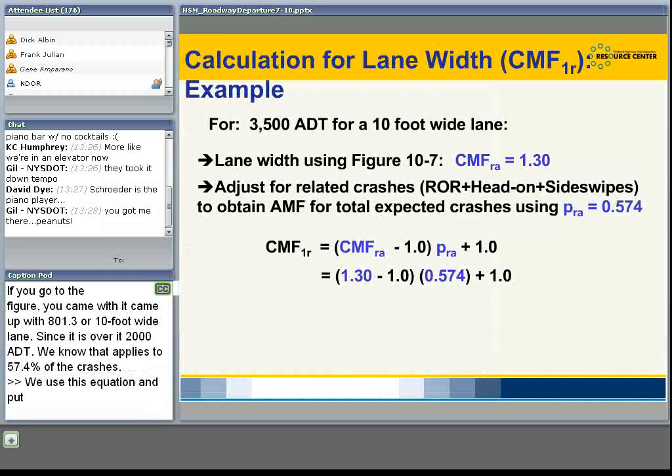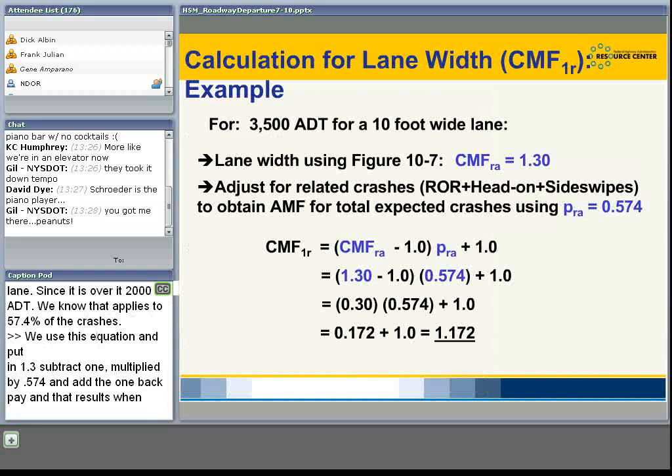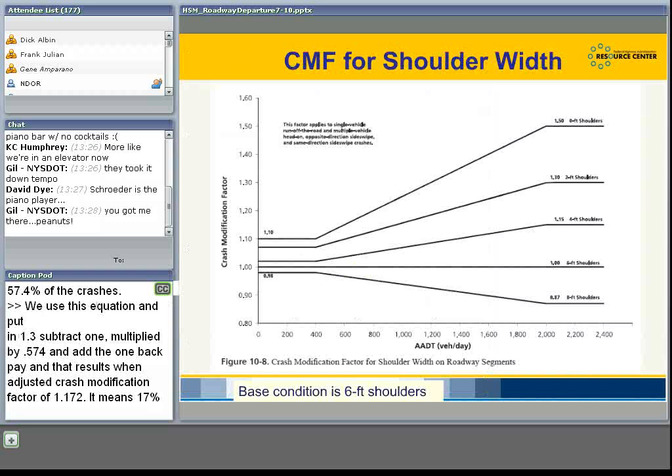So we use this equation. We put in 1.3, subtract 1, multiply by 57.4%, and then we add the 1 back. And that results in an adjusted crash modification factor of 1.172, which basically means about 17% more crashes overall of total crashes.